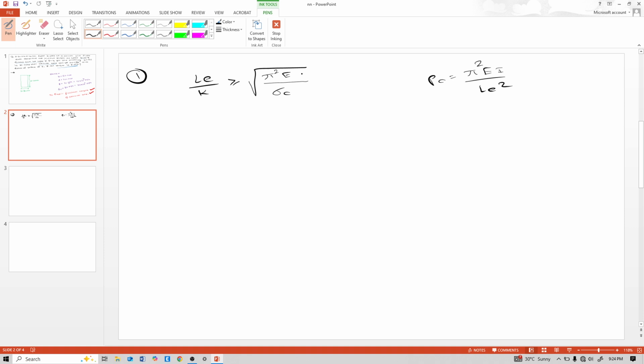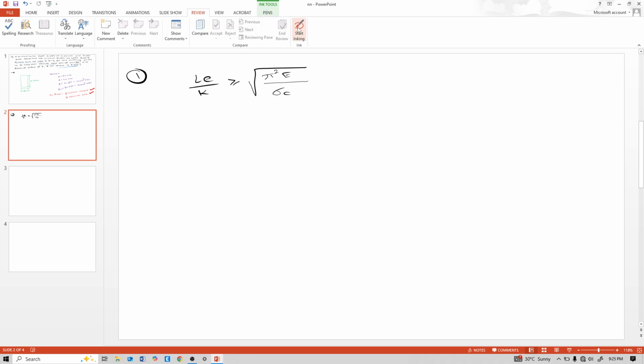This is pi square E, I is not here, and this is sigma C, not the square of sigma C, so remember that. So this is the limitation of Euler's formula: LE upon K should be greater than or equal to under root of pi square E upon sigma C.